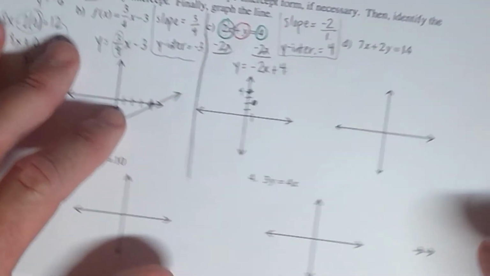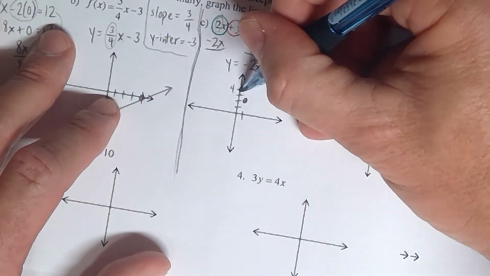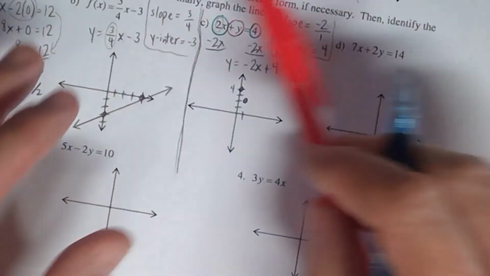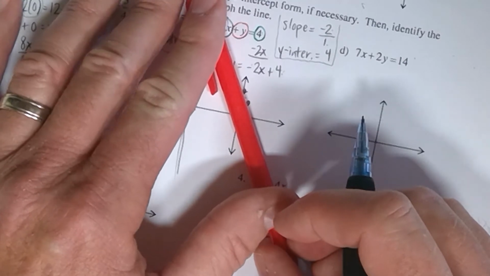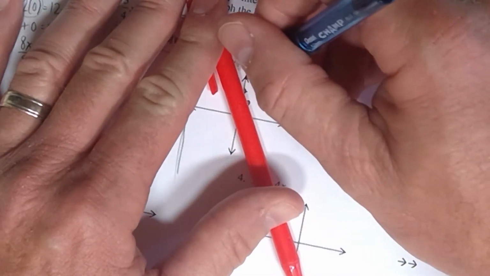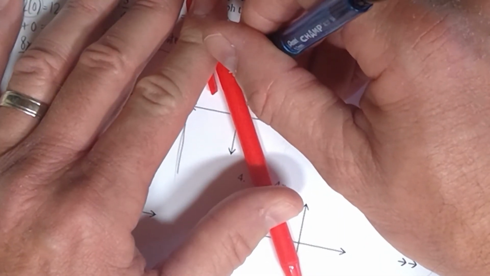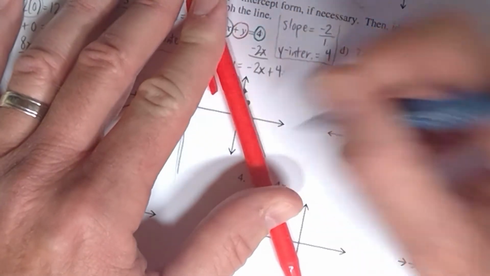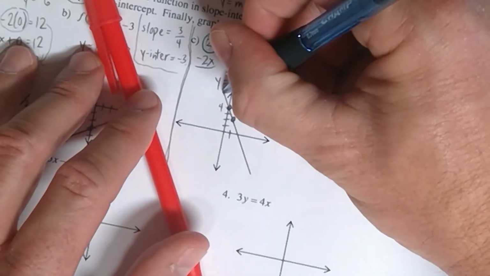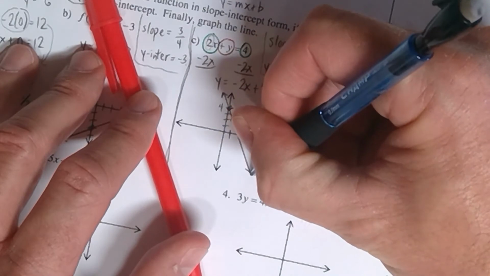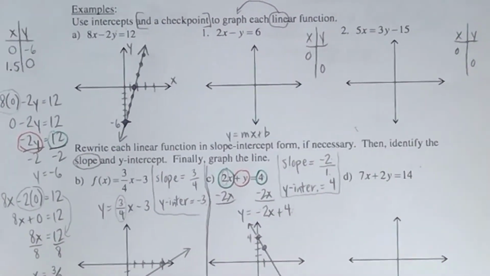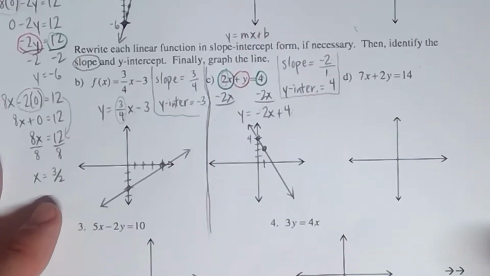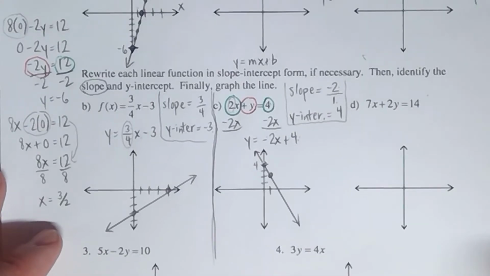Drop and run to the right when it's negative, and then I now have my 2 points, so I'm going to use my pen here as a straight edge so I can draw a straight line. There we go. Put your arrows on it and you're good to go. So that's what happens when you have a negative slope.